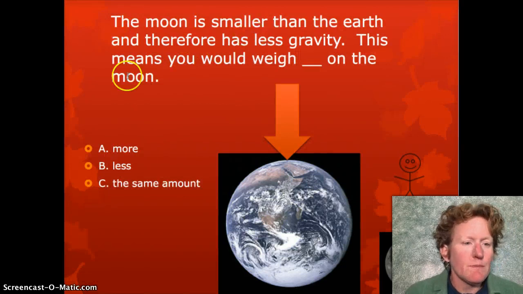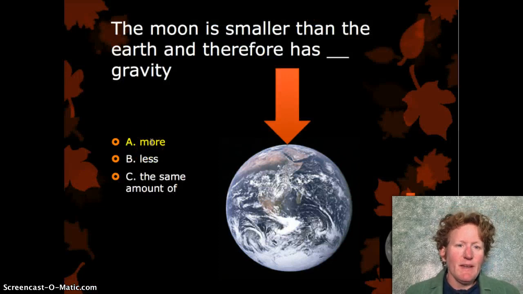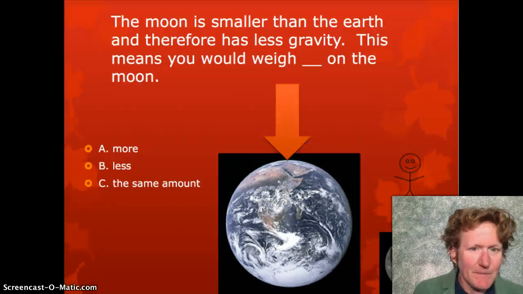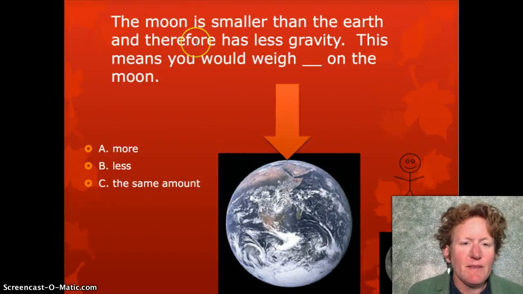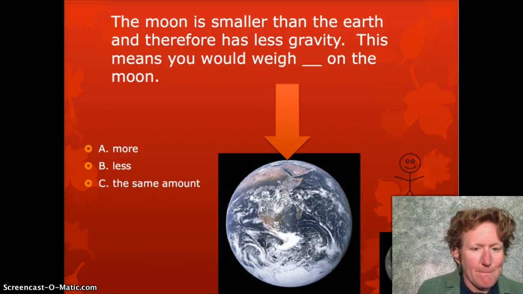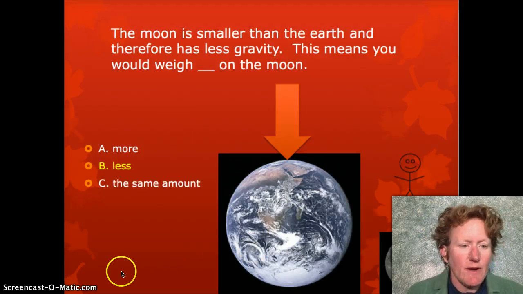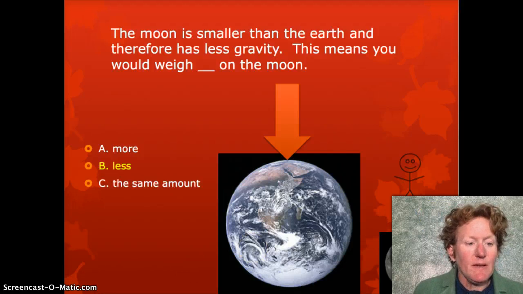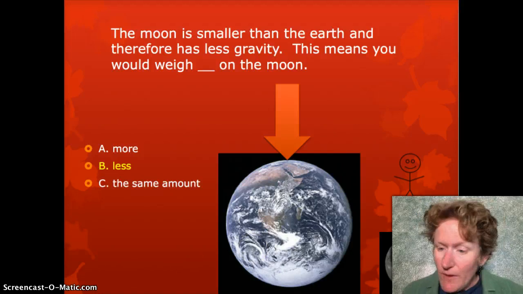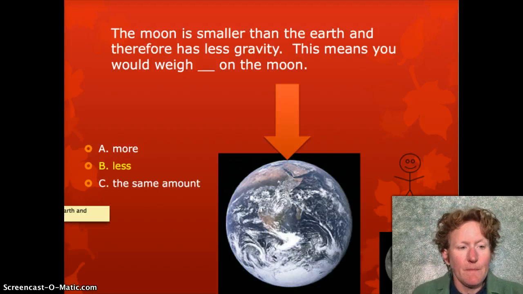The moon is smaller than the Earth and therefore has less gravity. That means you would weigh less on the moon. We just talked about that. You weigh less on the moon because it has less gravity, and it has less gravity because the moon has less mass. You have the same mass on the moon, but the moon has less mass than the Earth.